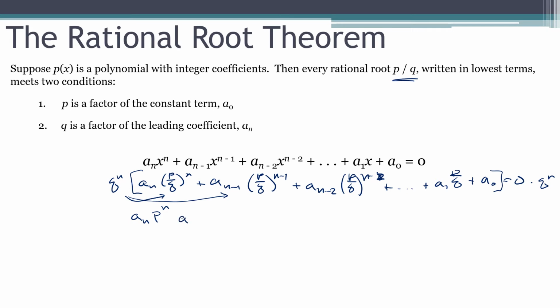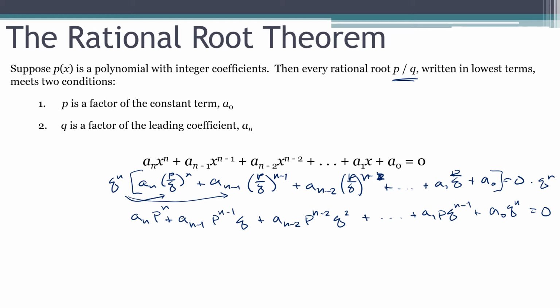So I'm left with a sub n minus 1 p to the n minus 1 times q, plus a sub n minus 2 p to the n minus 2 q squared, plus, and then down here at the very end, a sub 1 p q to the n minus 1, plus a sub 0 q to the n still equals 0.